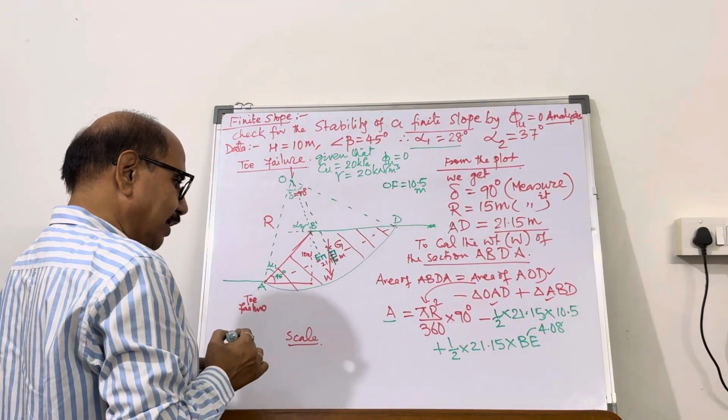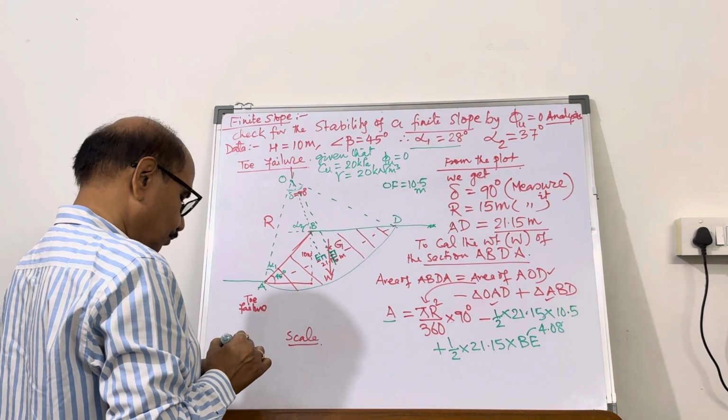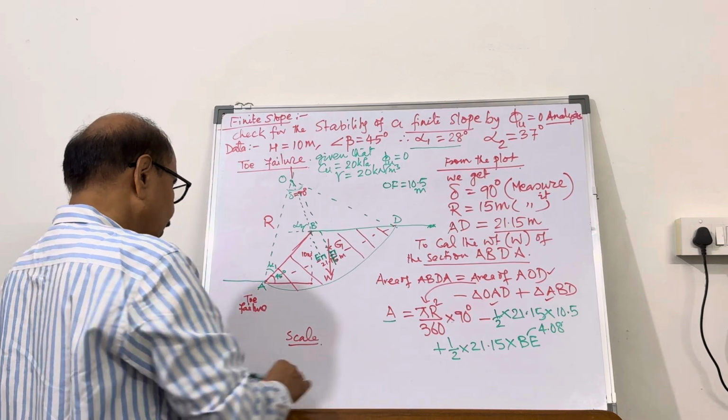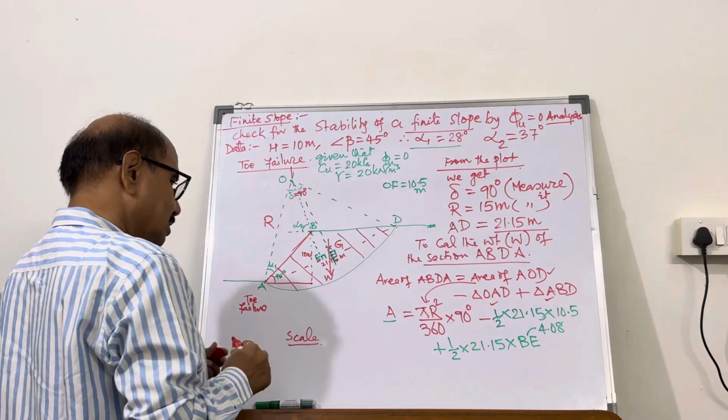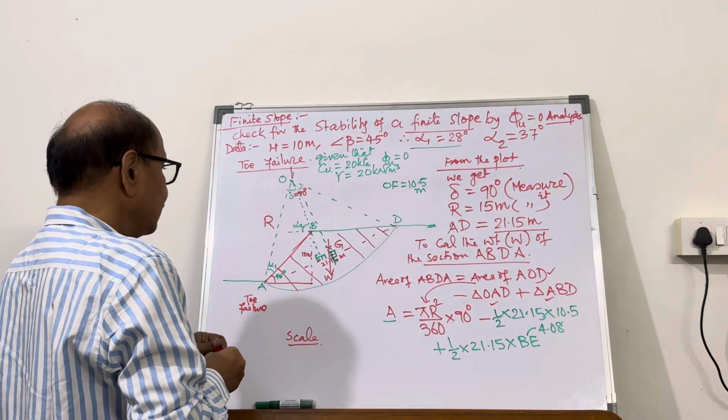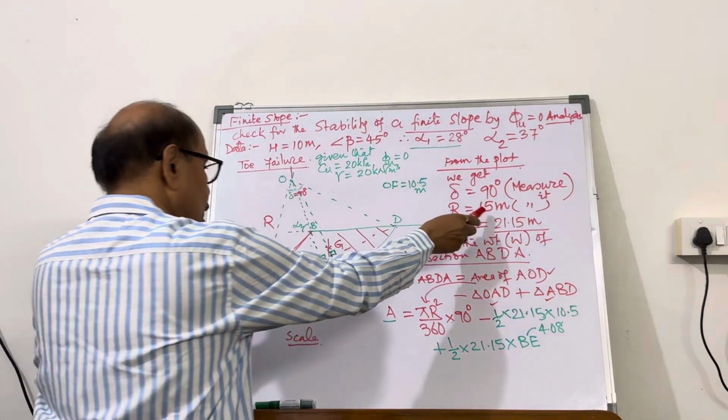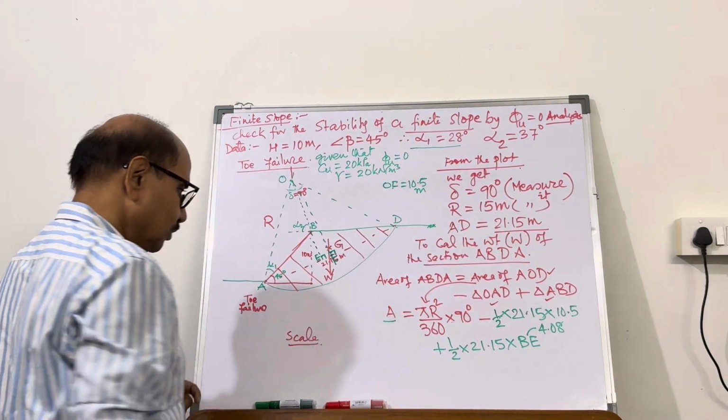So if you calculate now, having everything, take your calculator and let us calculate. R is already known to you as 15 meter.